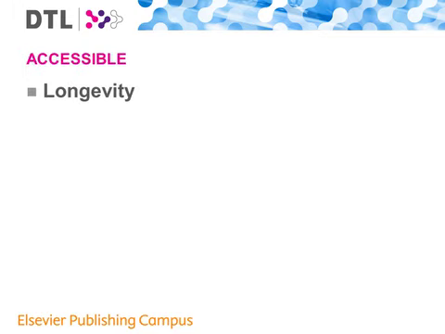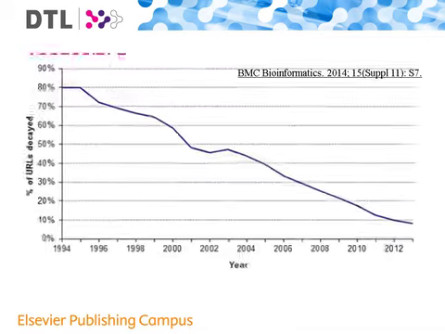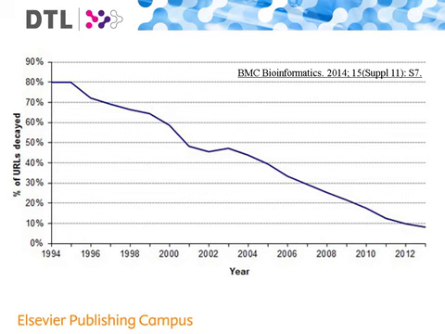So, after having made sure that our data will be findable, what do we need to plan to make our data accessible? An important aspect of accessibility is longevity. And studies of data longevity have shown that this is not a trivial matter. Even though we all think that we are very careful, the availability of data linked from scientific papers apparently lowers by up to 20% per year of lifetime.